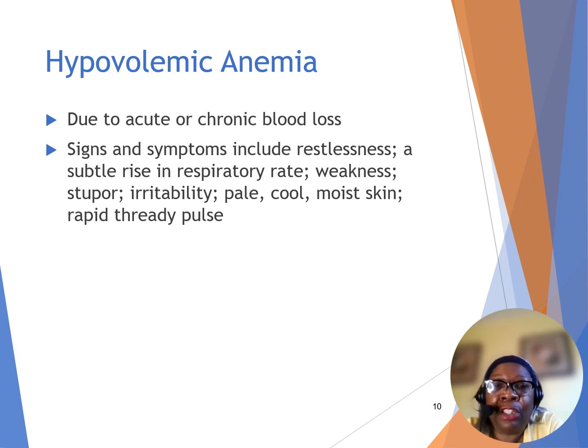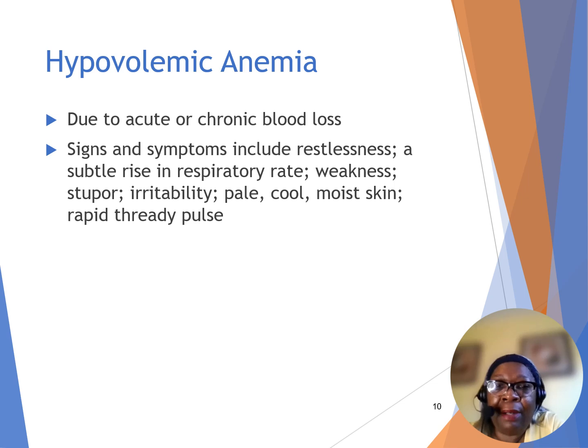Well, if there's decreased oxygen due to decreased red blood cells, due to the lack of hemoglobin for the oxygen to attach to, that's why there would be a subtle rise in the respiratory rate.